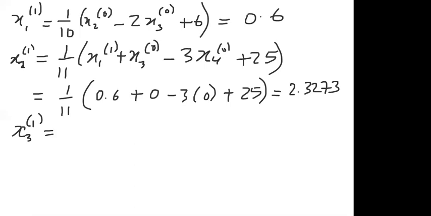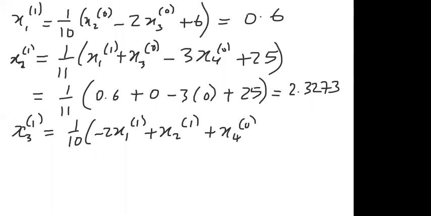Then to find x3 1, using that formula, I'll be able to get 1 over 10, then minus 2 x1 1, and plus x2 1. I found x2, so I'll substitute it in there, and then plus x4 0 minus 11. So let's substitute the values of x1, x2, and x4.